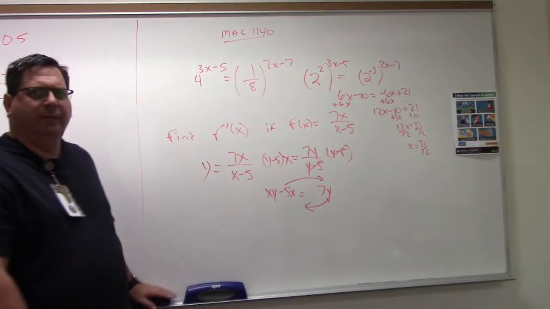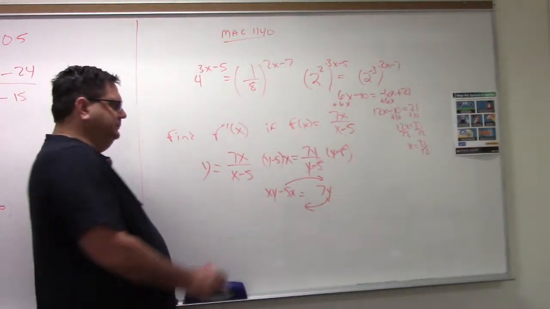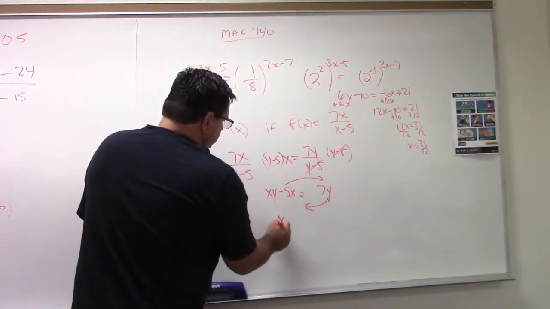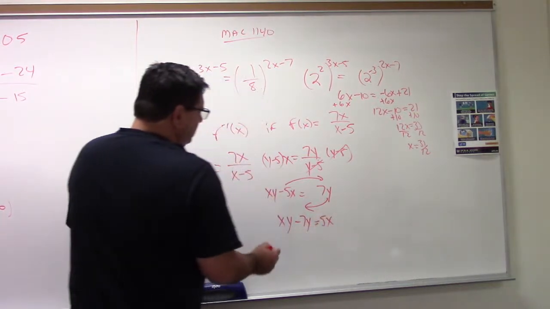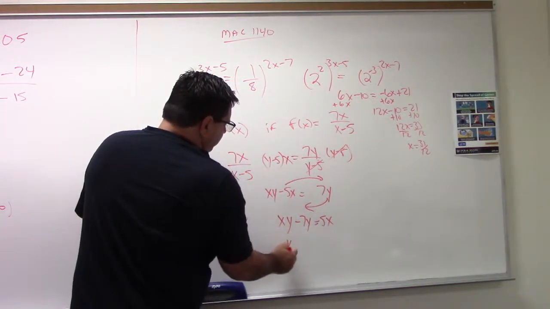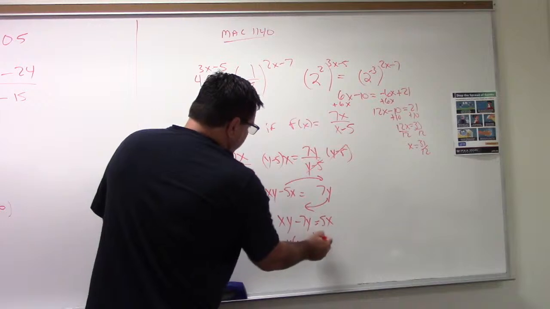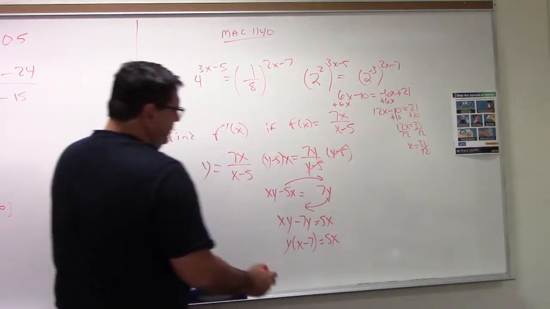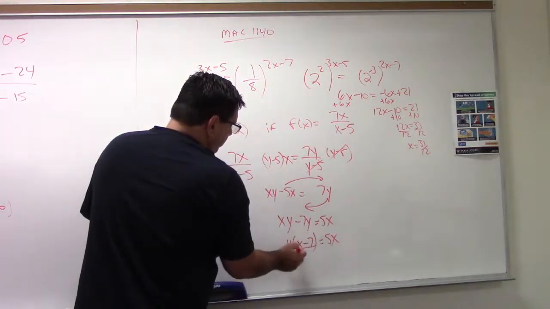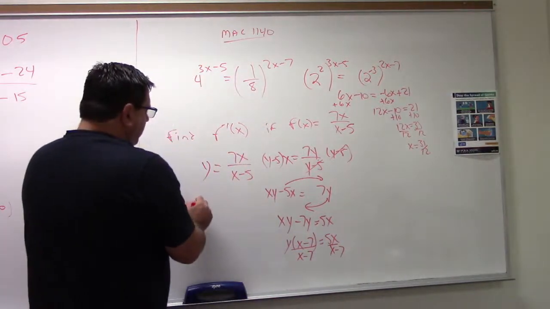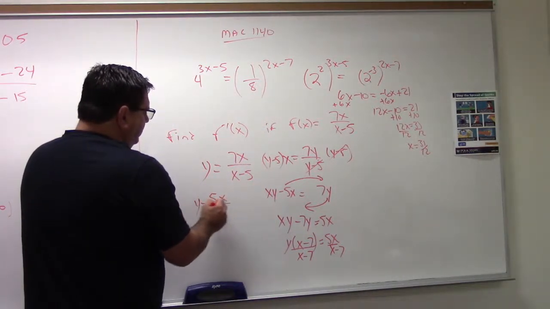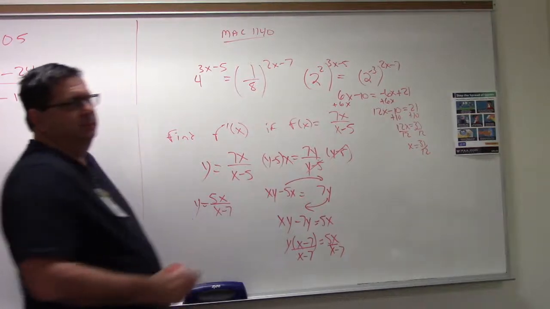So I'm going to move that 5x. xy minus 7y equals 5x. Factor out the y, you get x minus 7. And you get y equals 5x over x minus 7.